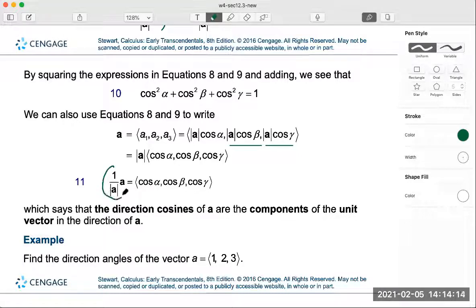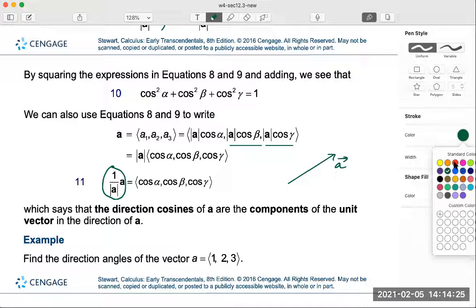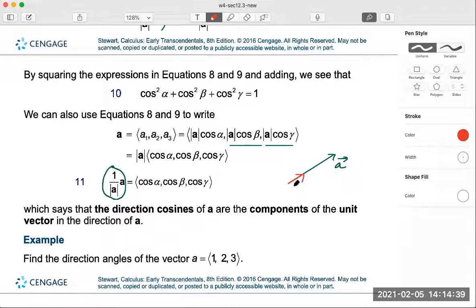The left hand side here, what is it? This vector, right, will have the same direction as vector A. Do you agree? Yes, very good, Alok. So it points in the same direction, but the magnitude of that will be 1, right?